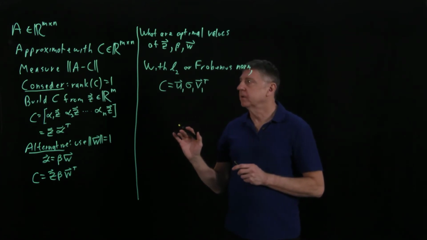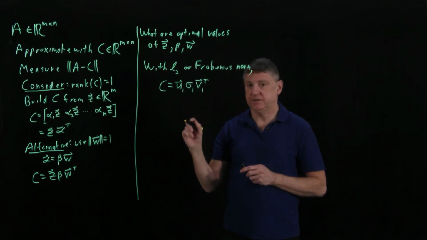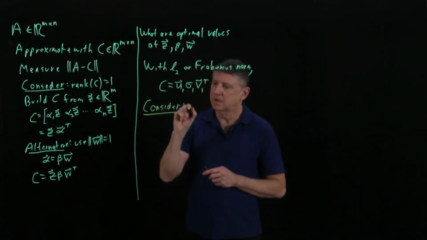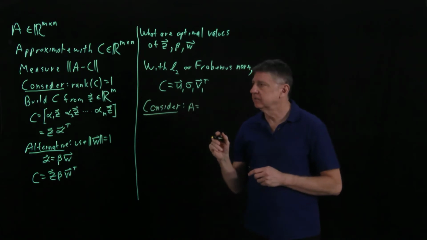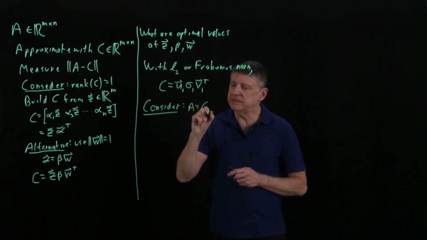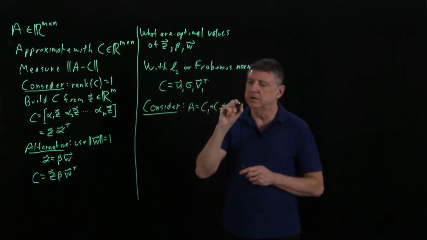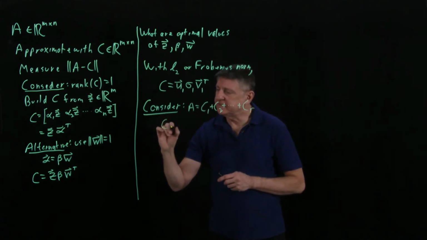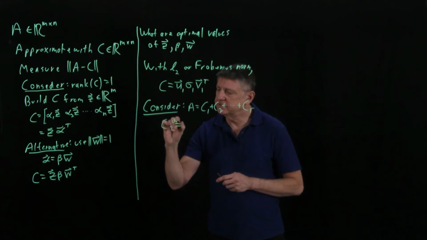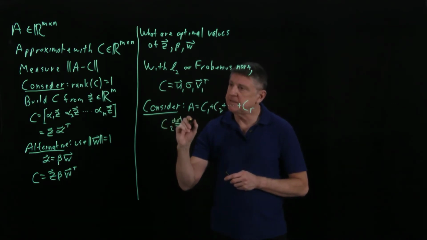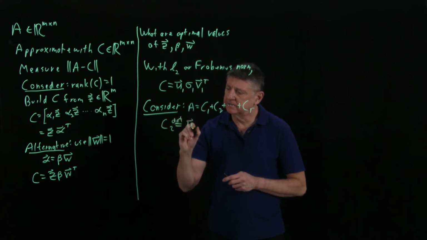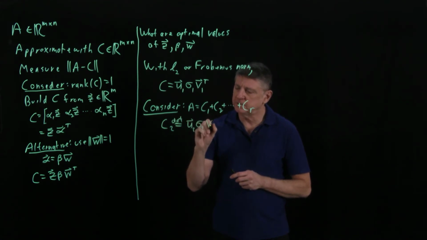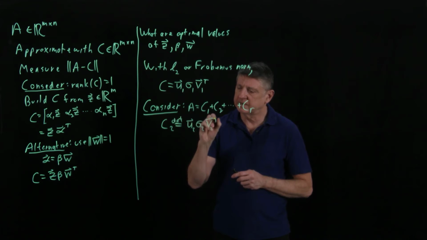So now let's do a really big consideration. Let's write A as C1 plus C2 and so on up until the rank of A. And we'll define C sub i for this purpose as being the ith left singular vector times the ith singular value times the transpose of the ith right singular vector.